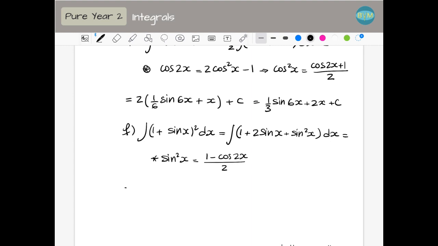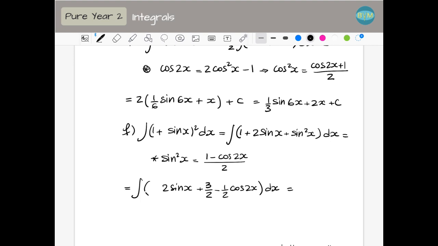So I'm going to write my integral as 1 plus 2 sine x plus 1/2 minus 1/2 cos 2x, just substituting the sine square for all that. We can put together this 1/2 and this 1, so I can write 3/2, yeah, and then I can integrate.